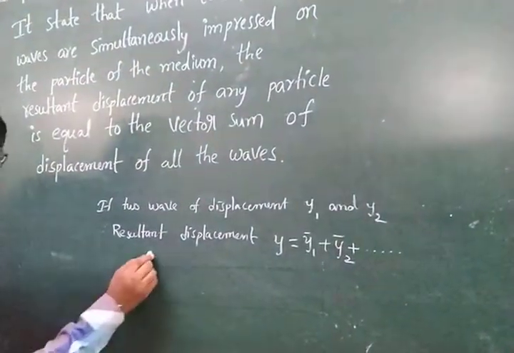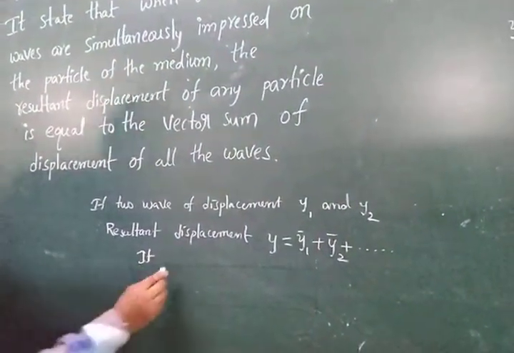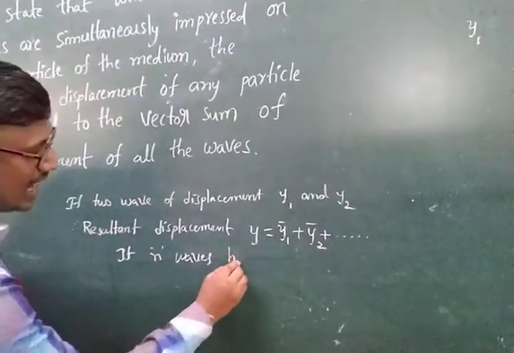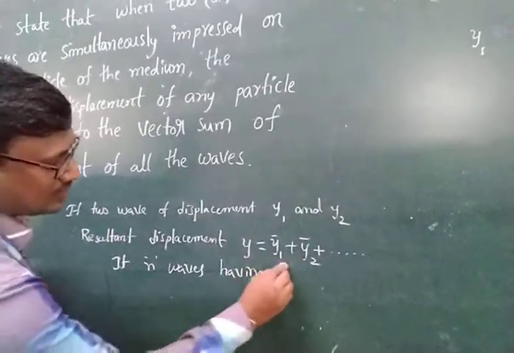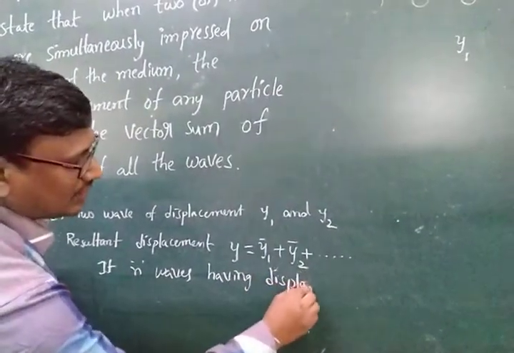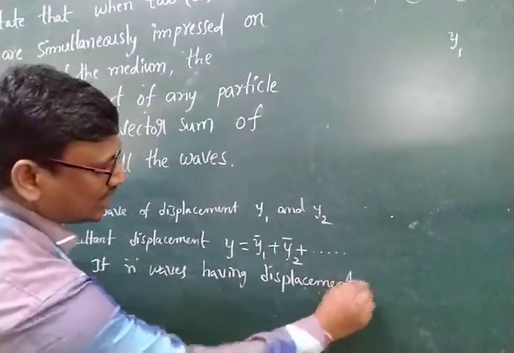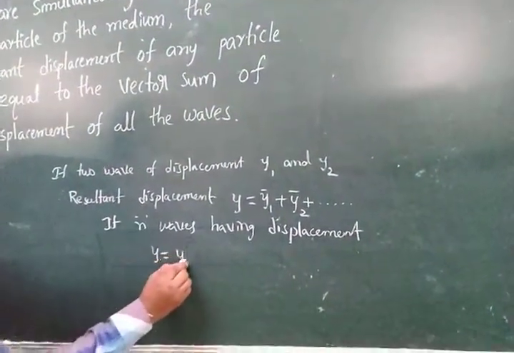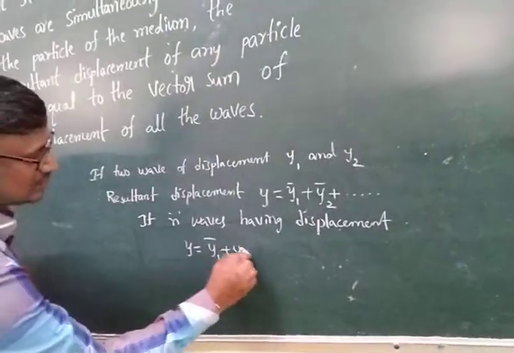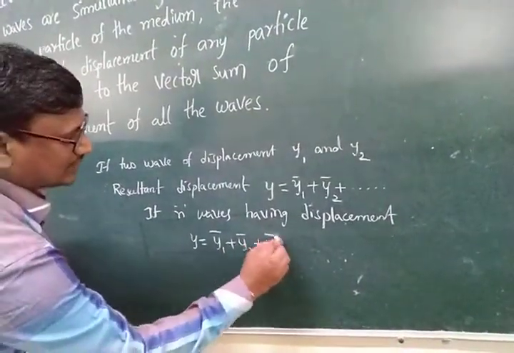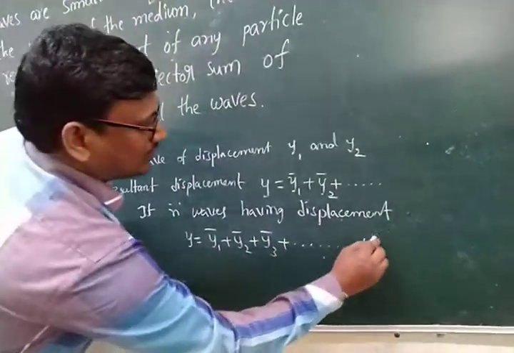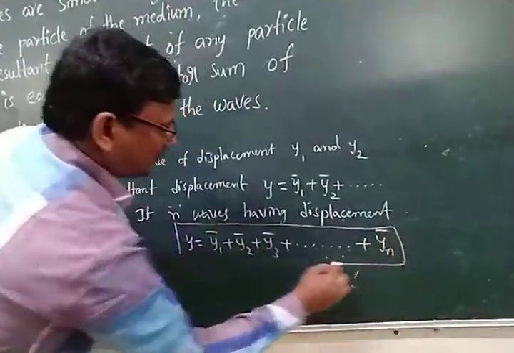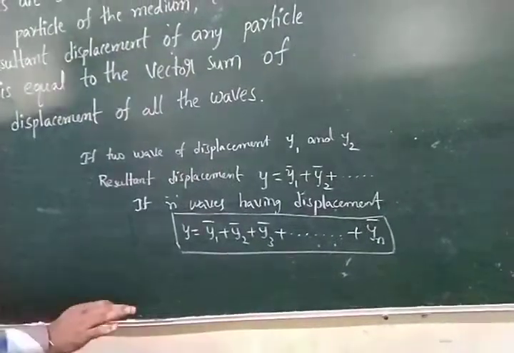For example, for n waves, y is equal to y1 bar plus y2 bar plus y3 bar and so on plus yn bar. This is the formula of superposition of waves.